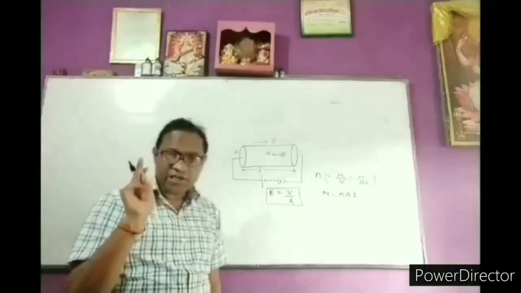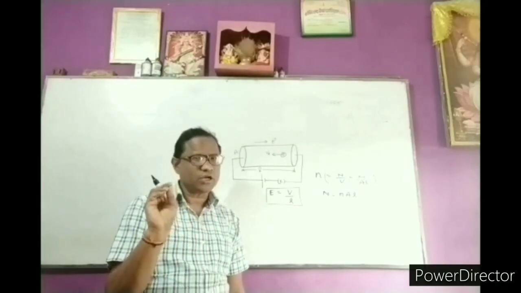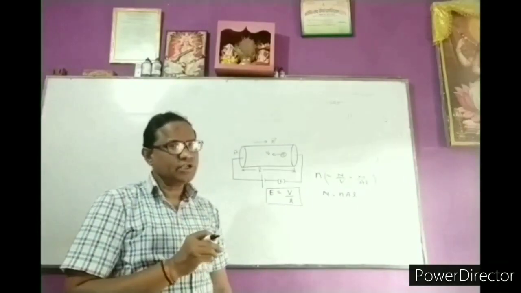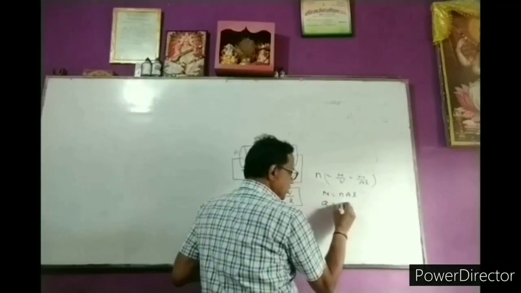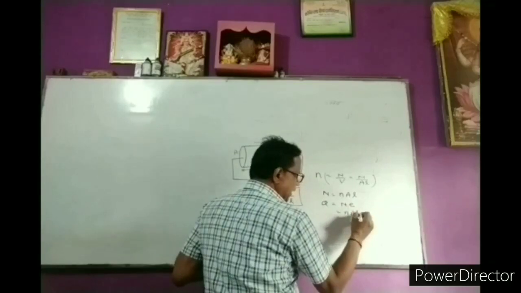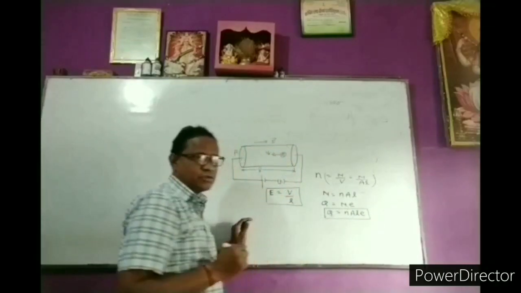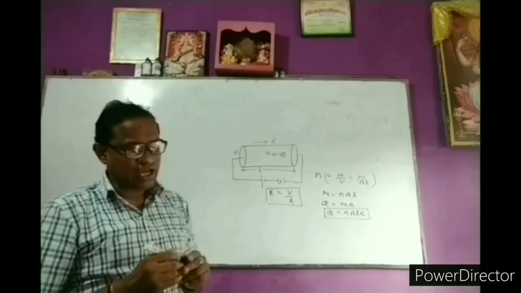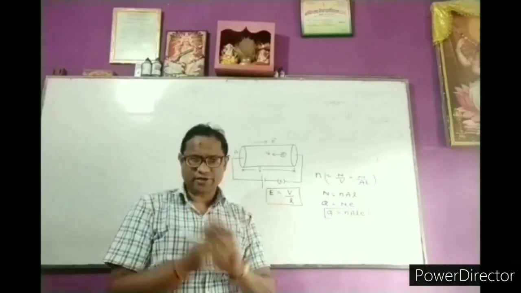If e is the charge on each electron, then the total charge in the conductor Q is equal to N into e, so nALe. It is the total charge flowing in the conductor.